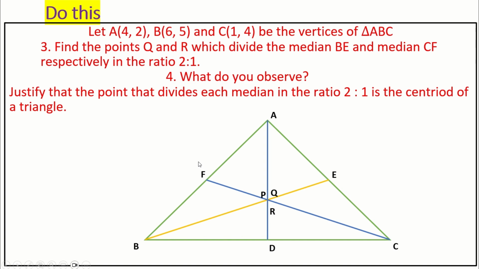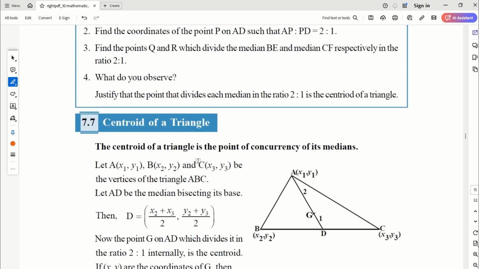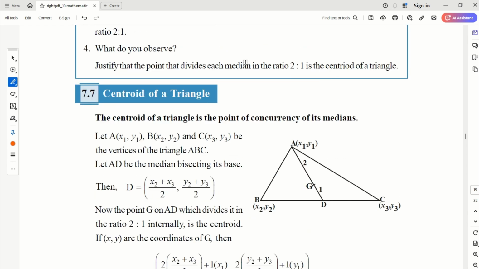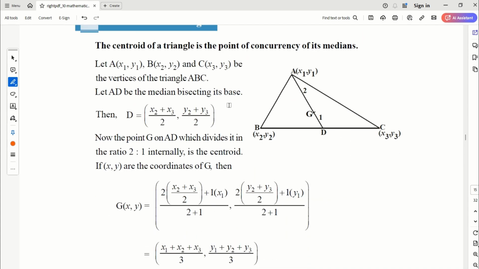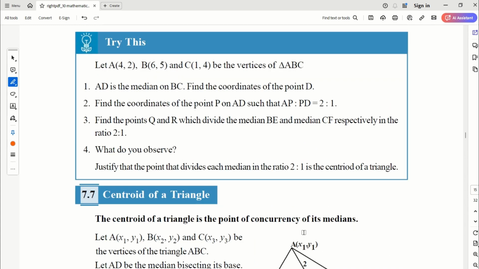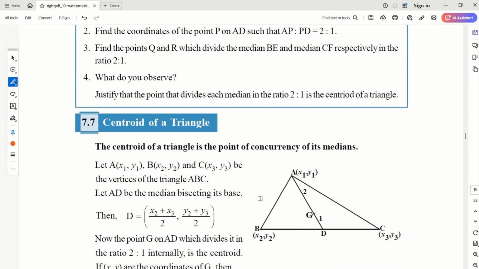Next, centroid of the triangle. What is the centroid of the triangle? The centroid of a triangle is the point of concurrency of its medians. So just now, in the above example, we have done exactly the same thing. If you substitute the values the same way as before, instead of real numbers, you put (x1, y1), (x2, y2), (x3, y3).